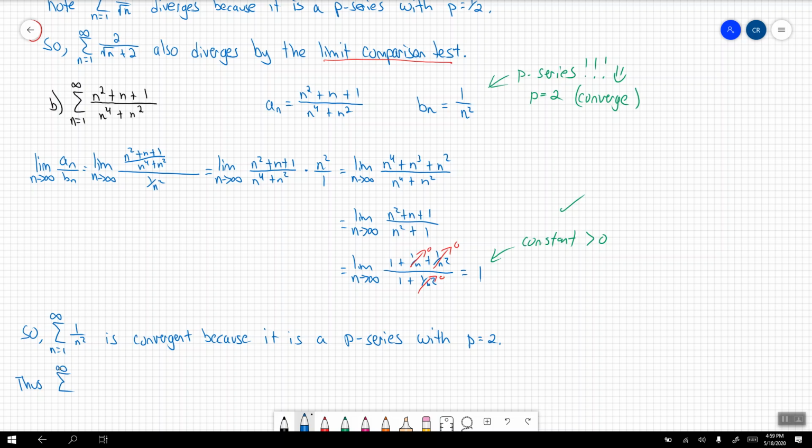Thus, the series at hand converges by the limit comparison test. There you are.